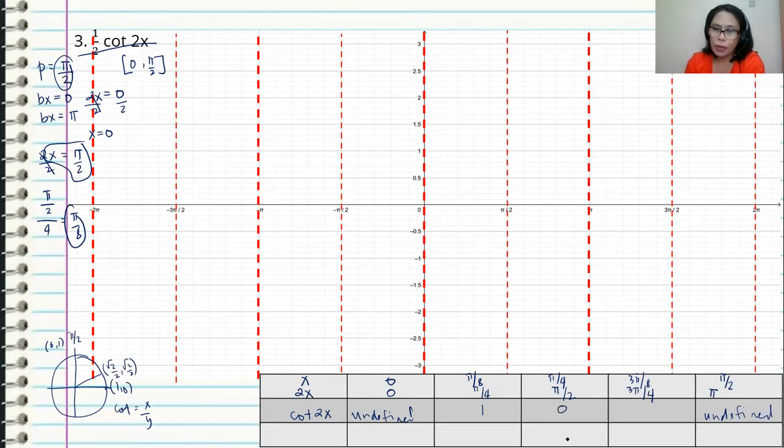And then for 3 pi over 4, cotangent 3 pi over 4 would be, so we have 3 pi over 4 located here. So this is 3 pi over 4 with coordinates equal to negative, since this is in the second quadrant.